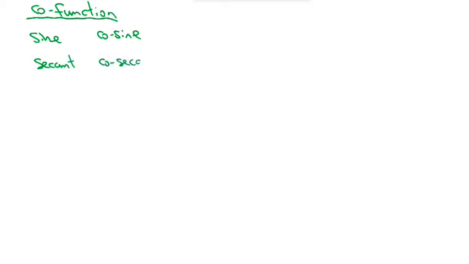There's a relationship between those two functions. They're not reciprocals. Remember, sine and cosecant are reciprocals. So secant and cosecant have a different relationship. And the same thing happens with tangent and cotangent. There's a special relationship between them.